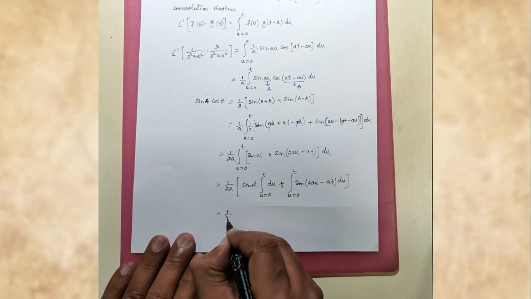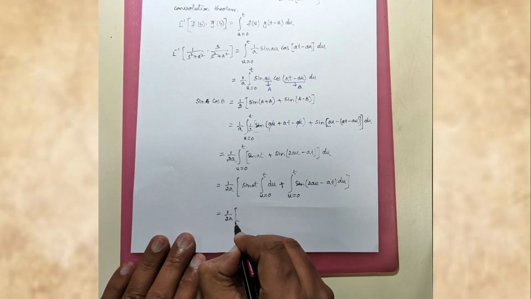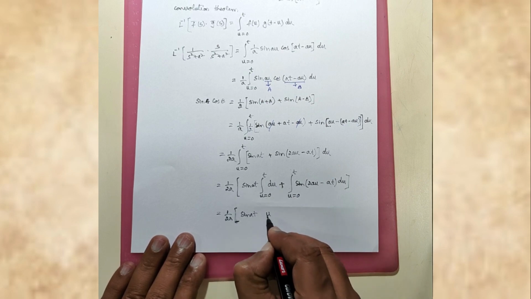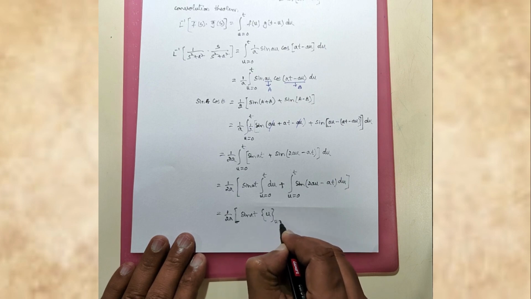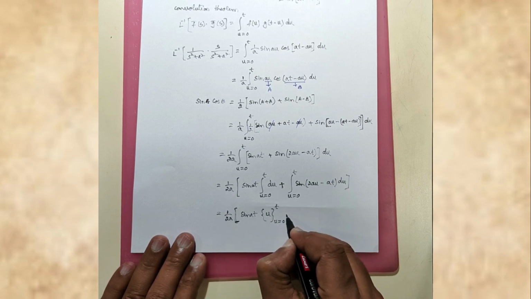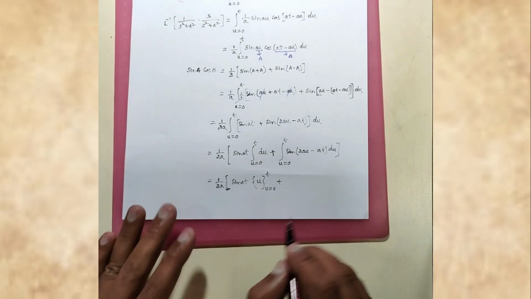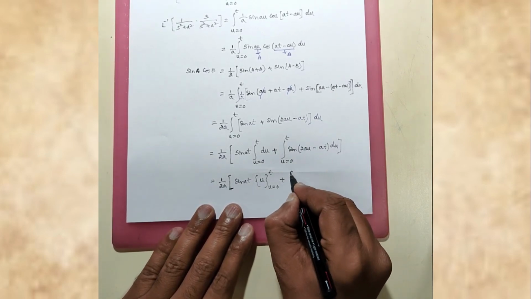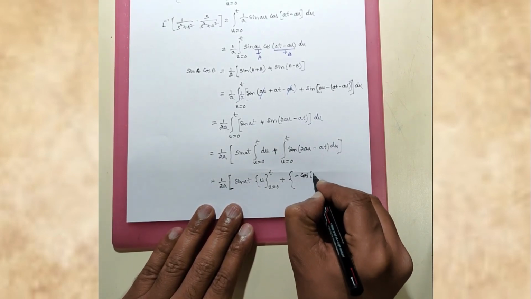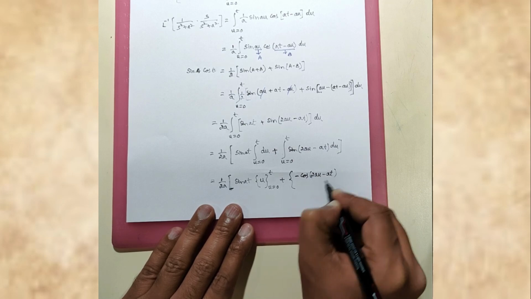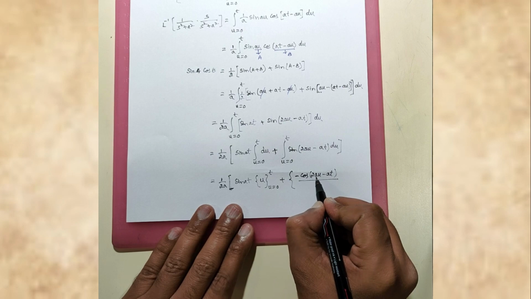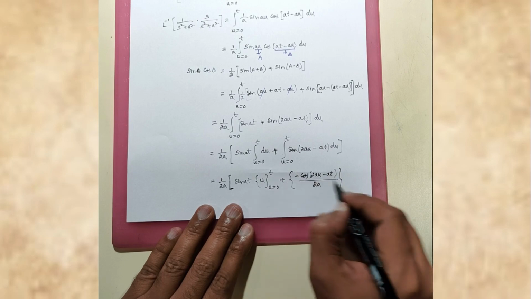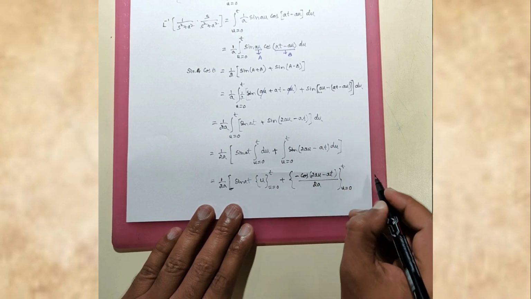This will be equal to 1 by 2a times sine of at. Integral of du will be u, and the limit values are from 0 to t. Then plus, now integration of sine, we know integration of sine is minus cos, so we'll be getting minus cos of 2au minus at, whole divided by the coefficient of u, which is 2a, and the limit values u will be 0 to t.